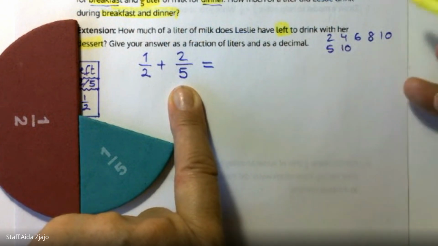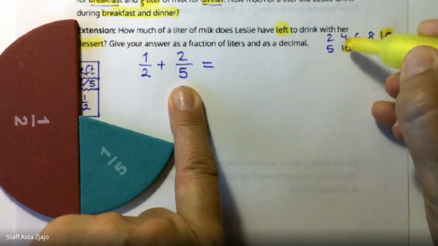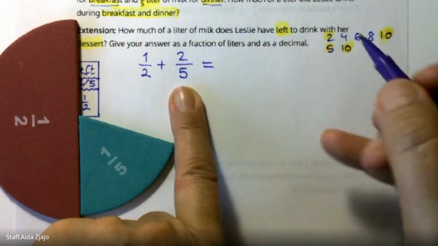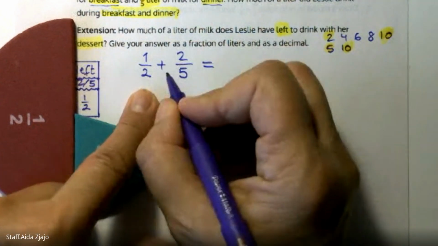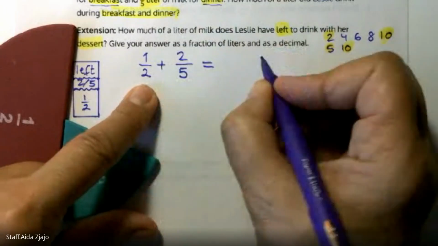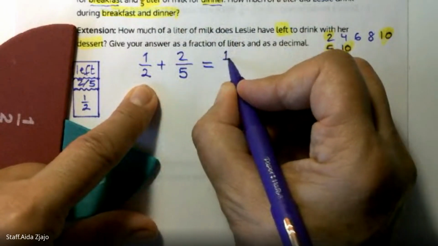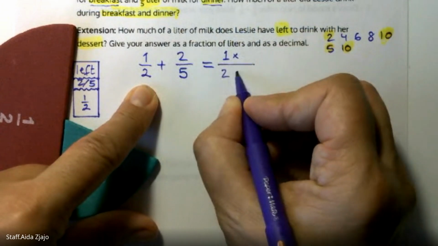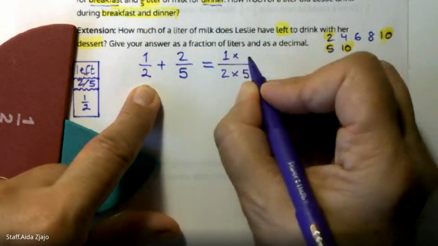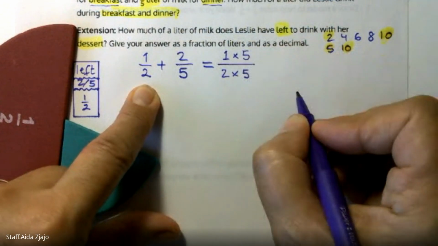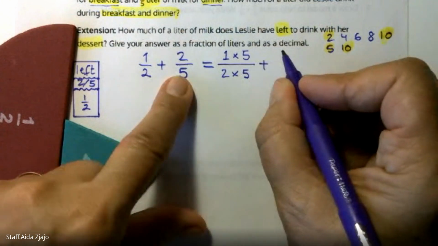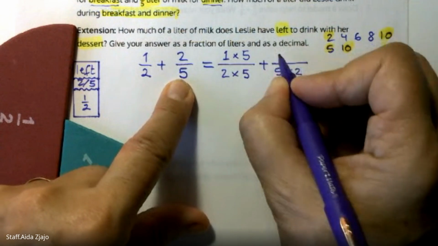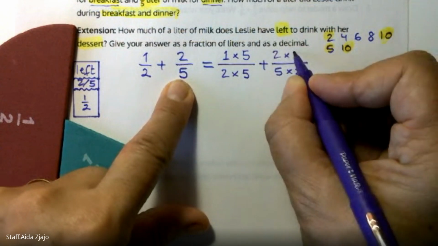Both the halves and the fifths need to be changed into tenths. 2 times 5 is 10. So I have to do the same to the top. Now I have 5 times 1 and 2 times 2.